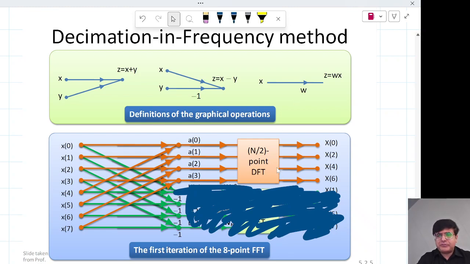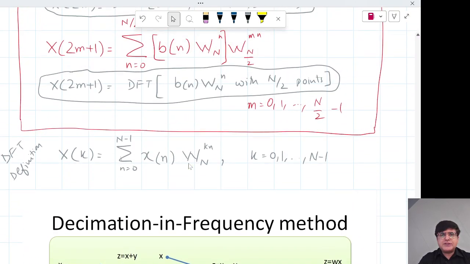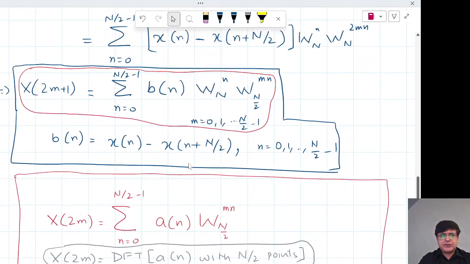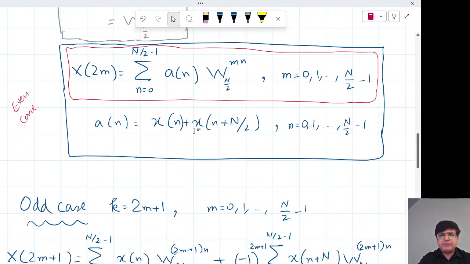So to get the even index DFT coefficients, this is an 8-point DFT. For that reason, the even index DFT coefficients are x of 0, x of 2, x of 4, and x of 6. You need to have the sequence a of n at the input. And what is the sequence a of n? A of n by definition is just x of n plus x of n plus big N over 2.